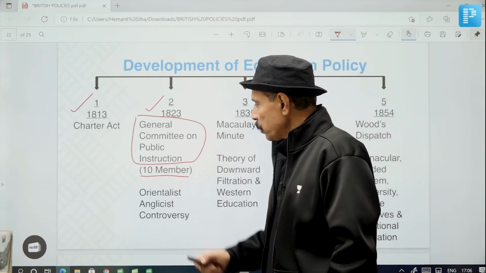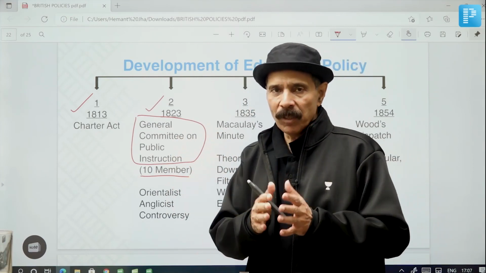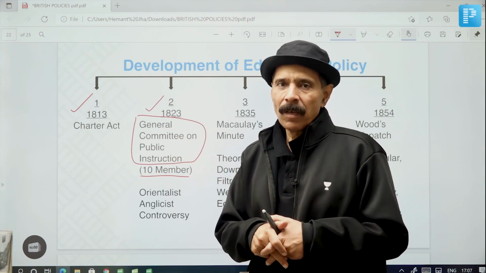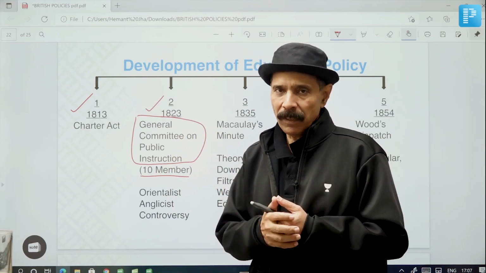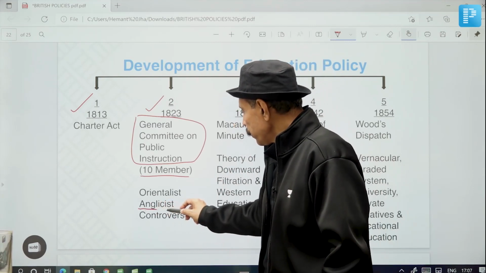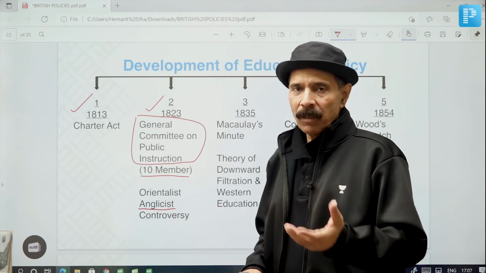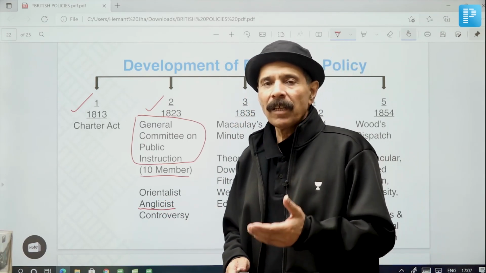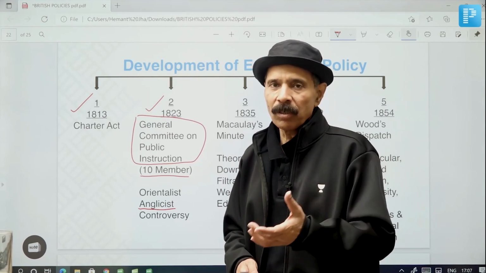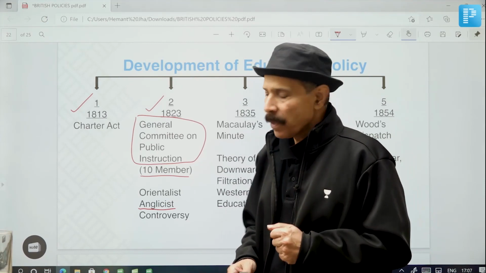Among these 10 members, there were some members who supported the idea of Western education in India. They are known as Anglicists. And there were some other members who supported the idea of Oriental learning or Indian learning based on Indian educational system.